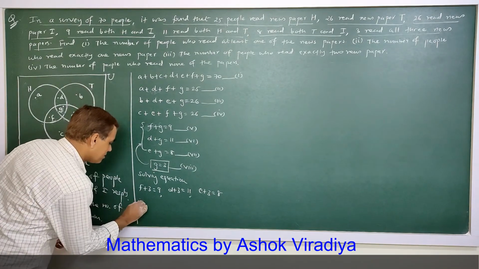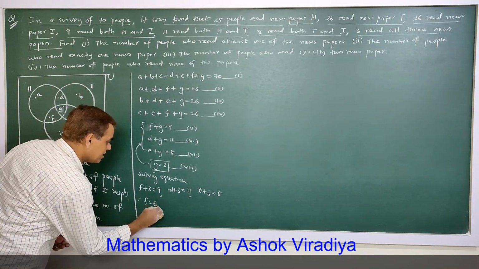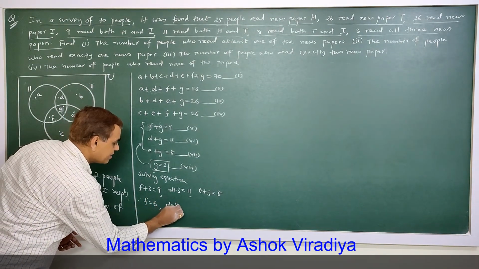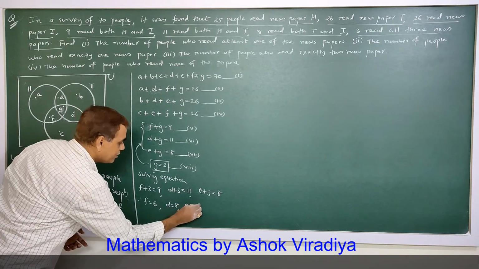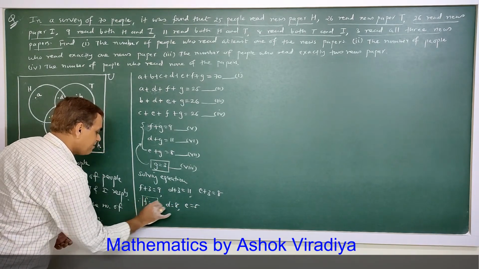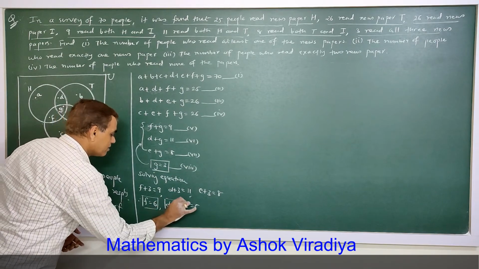Therefore, F is 6, D is 8, E is 5. F, D and E are found.